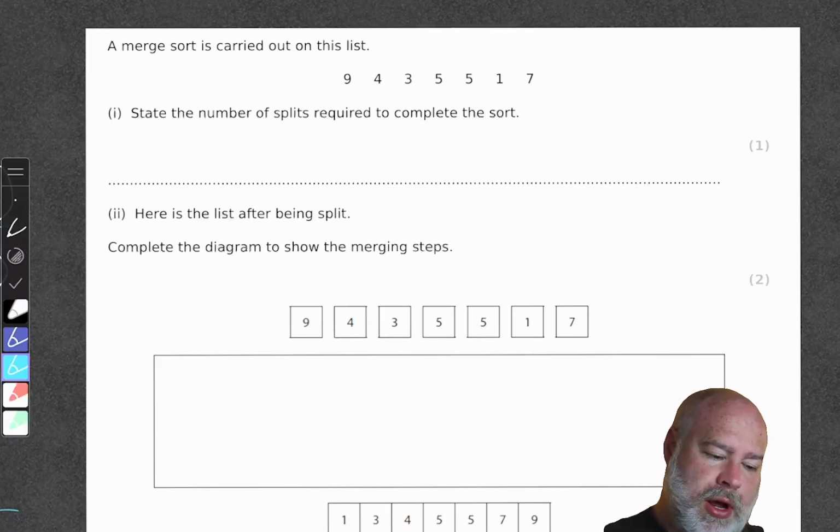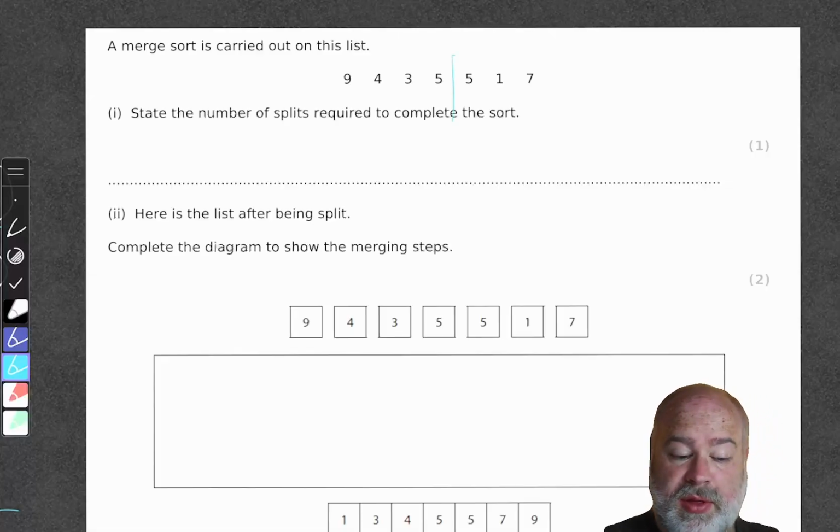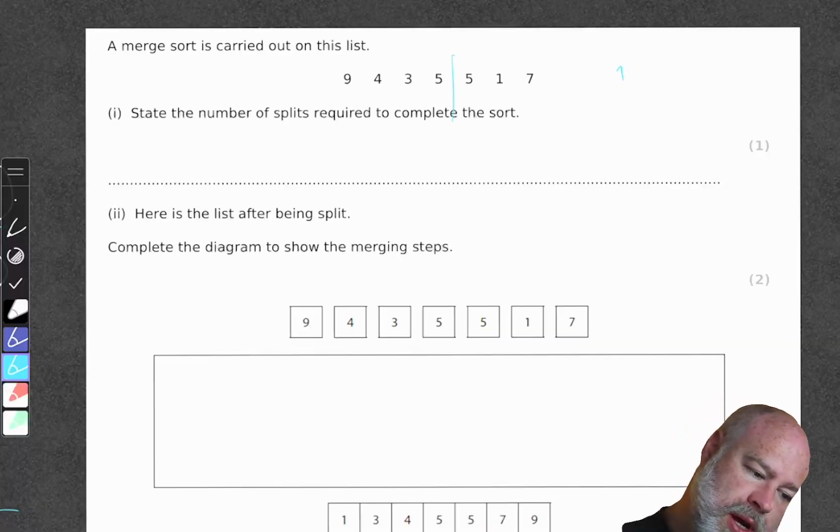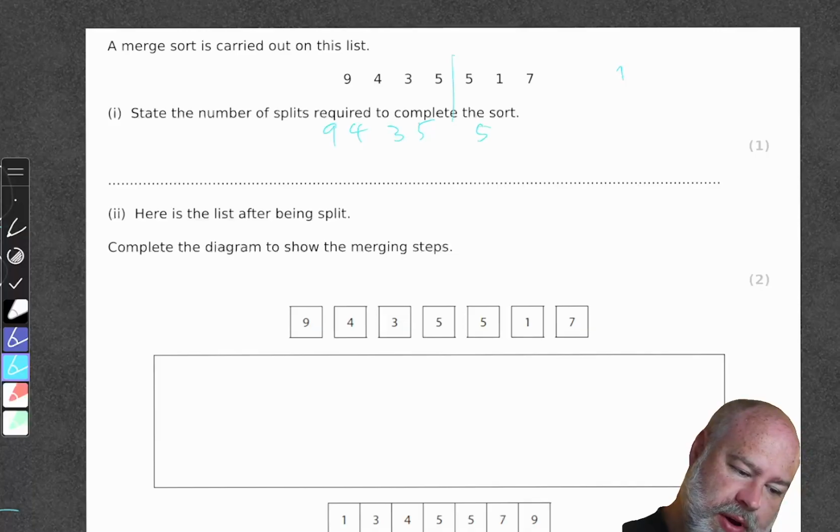When we've got a list of odd numbers, we split them up into 2, where the first would be bigger than the second. Okay, so that's our first split. So 1. So we either have 9, 4, 3, 5, 5, 1, 7.